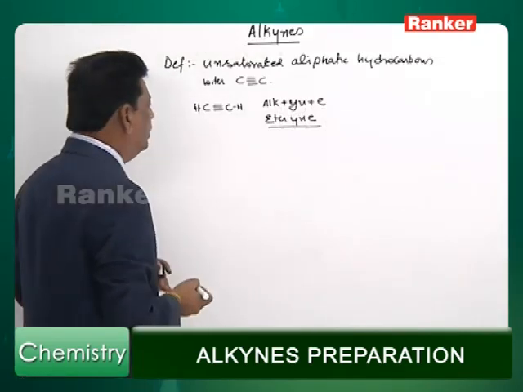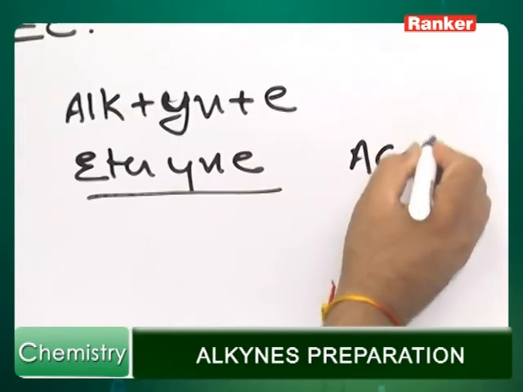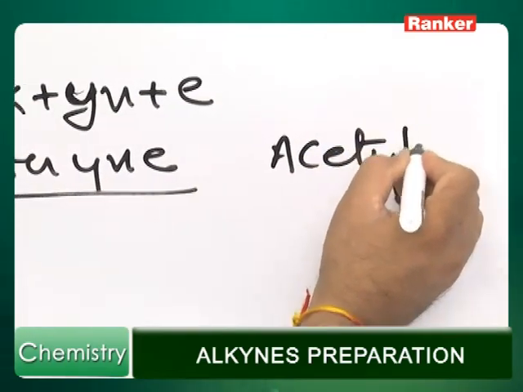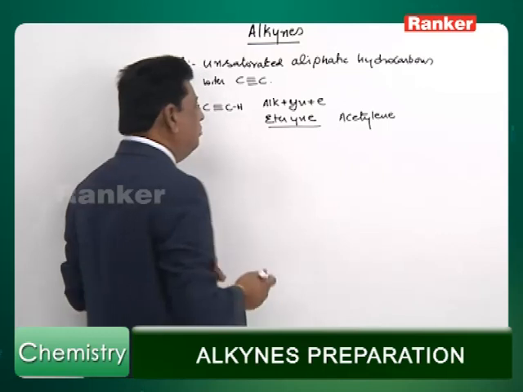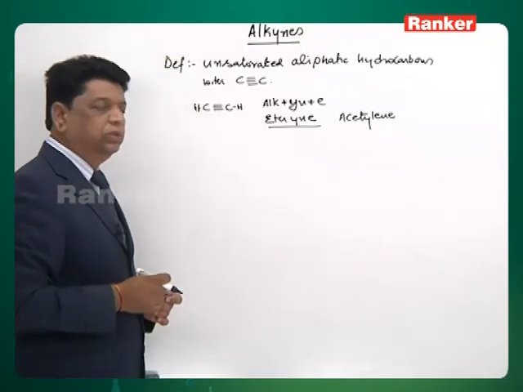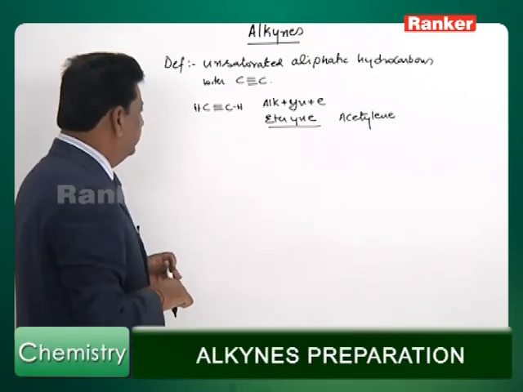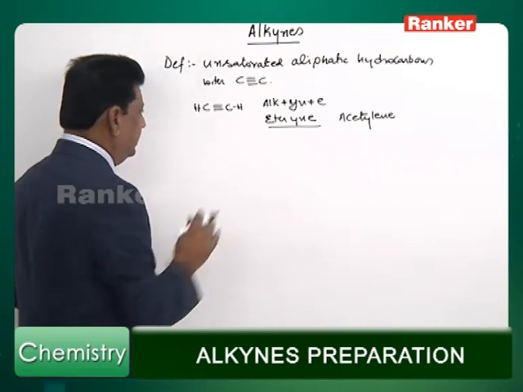However, this compound is also called acetylene. The acetylene is a common name. Much prior to this IUPAC system, the gas is well known. So, it was called by this name acetylene. So, ethine is a systematized name.